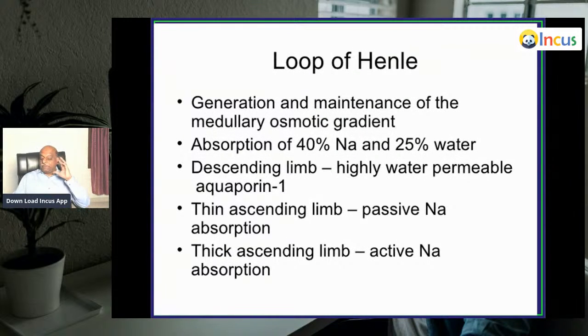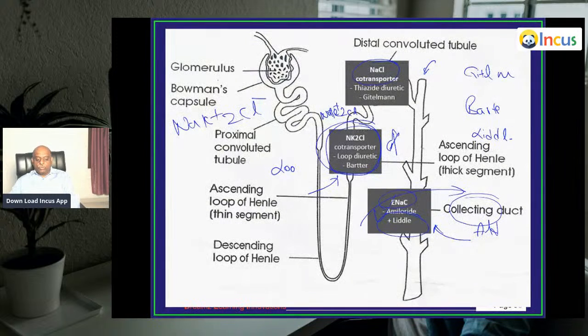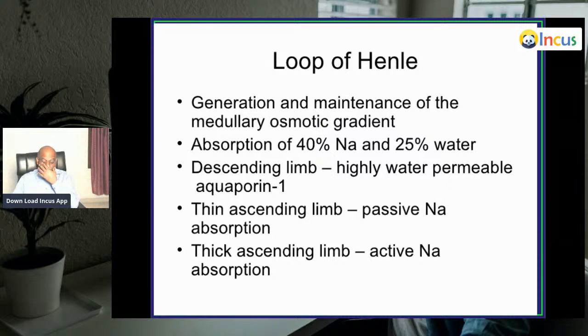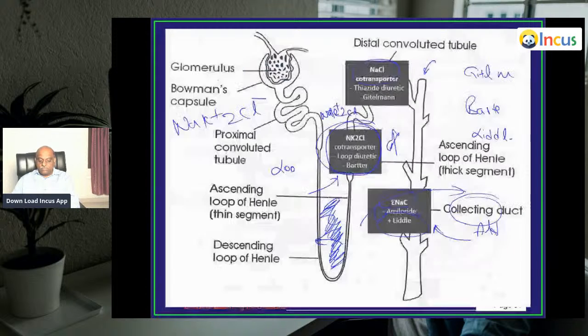So normally the loop of Henle is important to maintain the medullary osmotic gradient. All this medulla, you need to maintain the osmotic gradient, which will enable the movement and reabsorption of water. If you look at the loop of Henle, the descending limb is highly permeable to water because it has aquaporin channels.